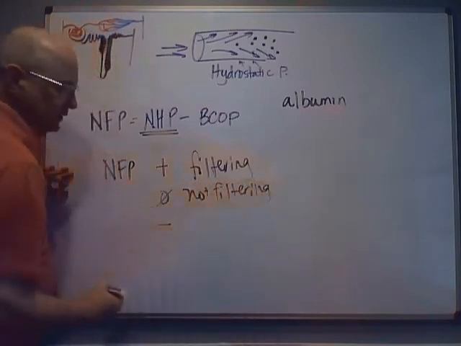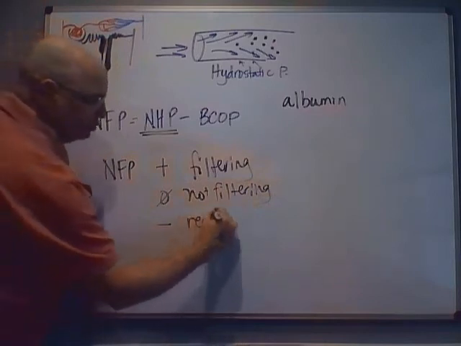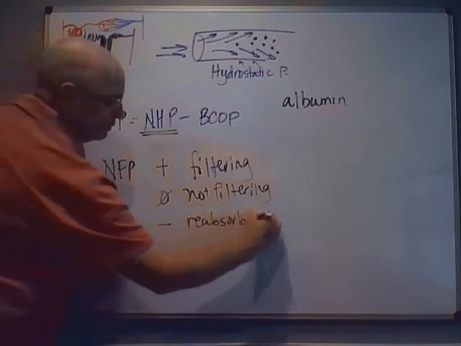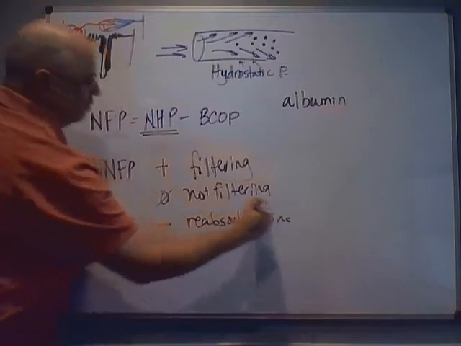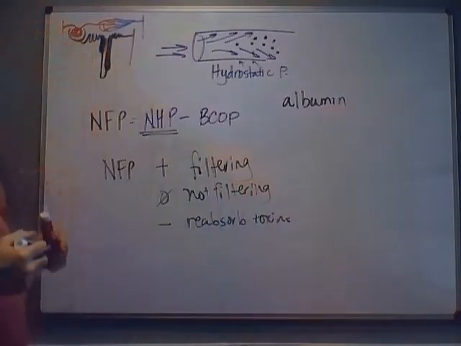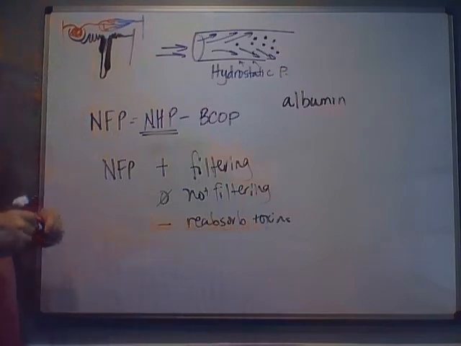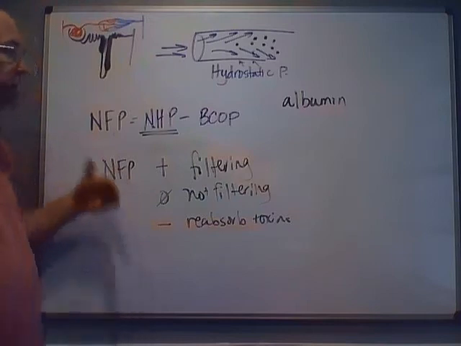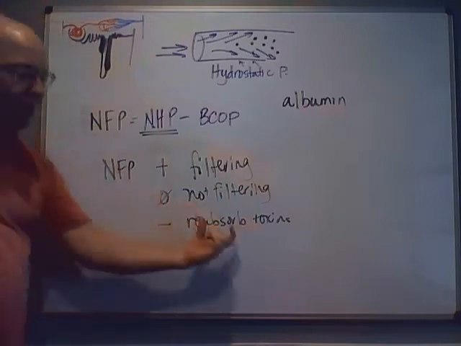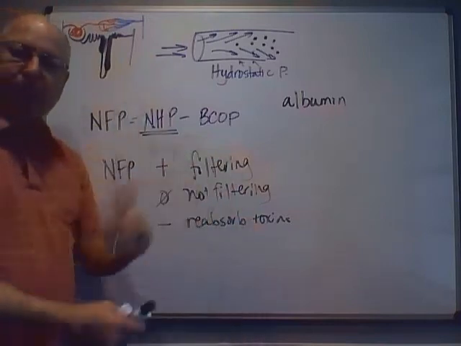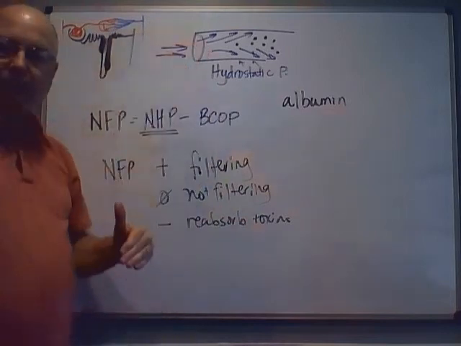If it becomes a negative number, we can actually reabsorb. We could start to reabsorb some of the toxins. So if blood pressure remains low for a long period of time, then I would not be filtering all the toxins out of my blood, and my blood could go septic.